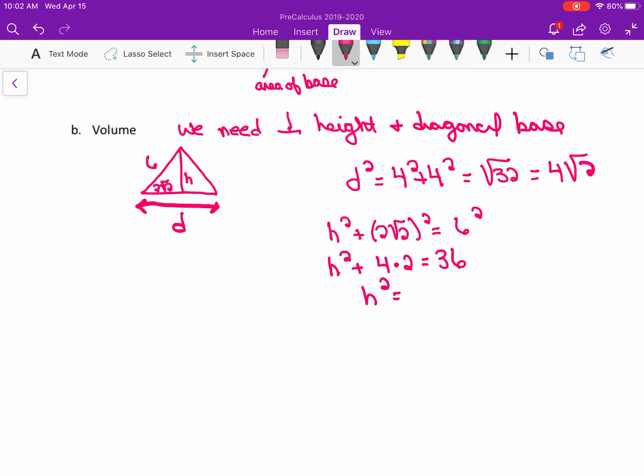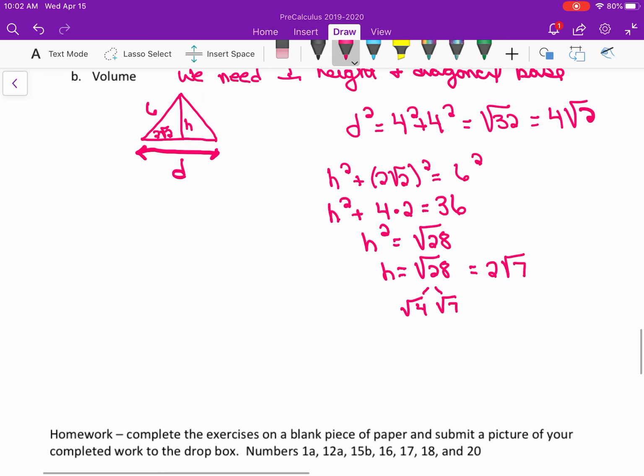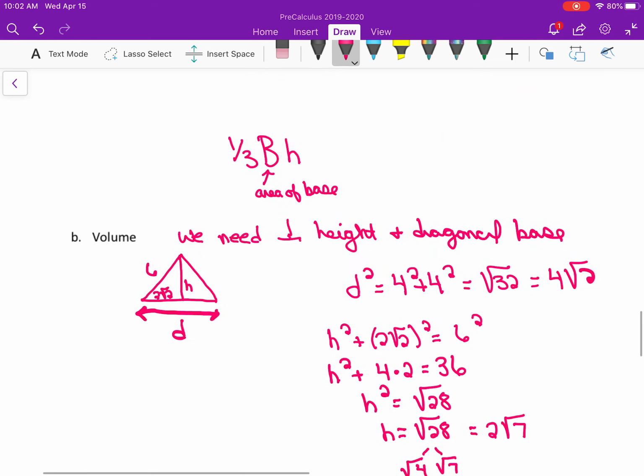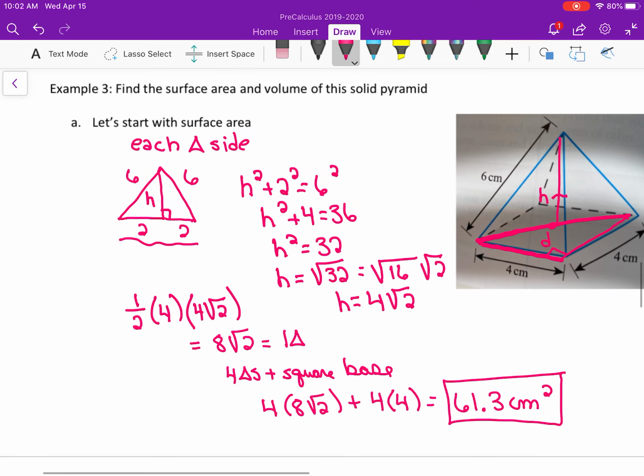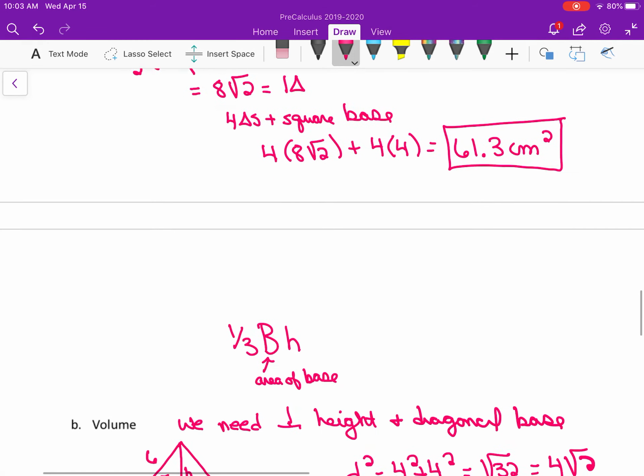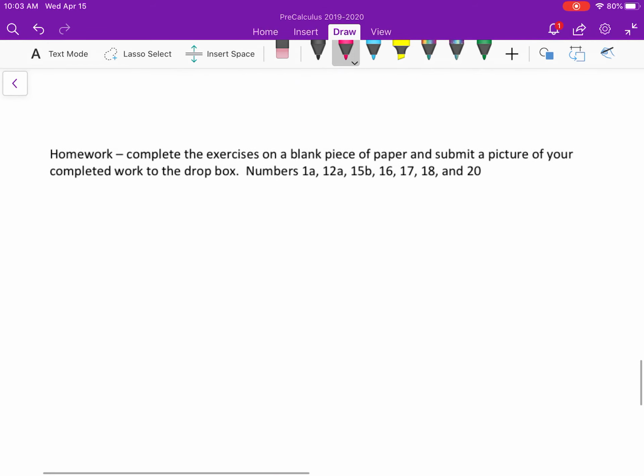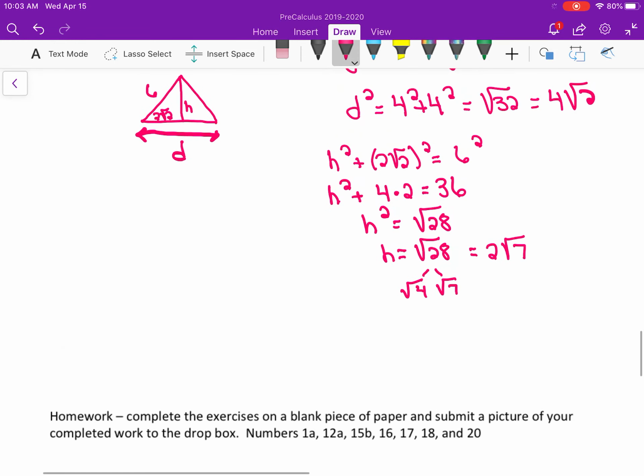So we end up with h squared equaling 28, or h equals square root of 28. All right, and that is 2 root 7, because remember this is root 4, root 7. So now we actually have our height, which is what we needed. That is this right here is 2 root 7. And hopefully for all you three-dimensional people, this is visually working out okay.